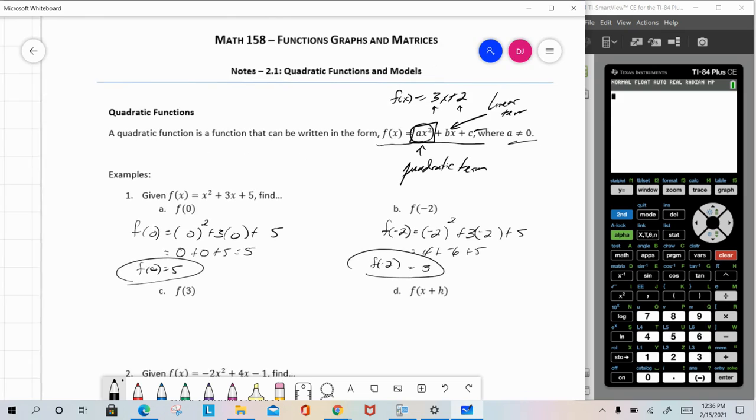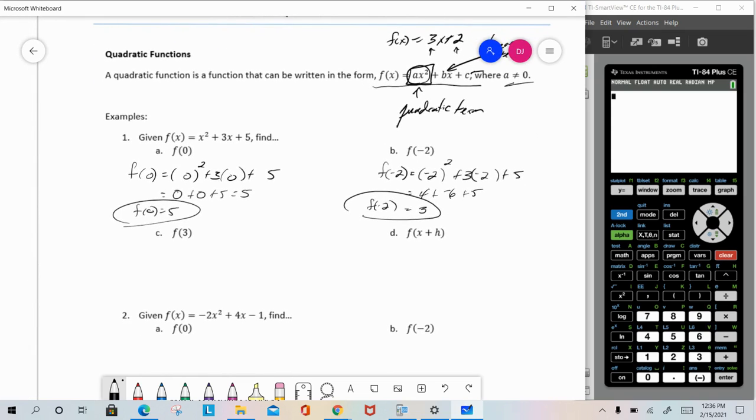To find f of 3, f of 3 is going to equal x squared plus 3 times x plus 5, and we're going to replace the x with 3. 3 squared is 9. 3 times 3 is 9, plus 5. 9 plus 9 is 18, plus 5 is 23. So f of 3 is 23.